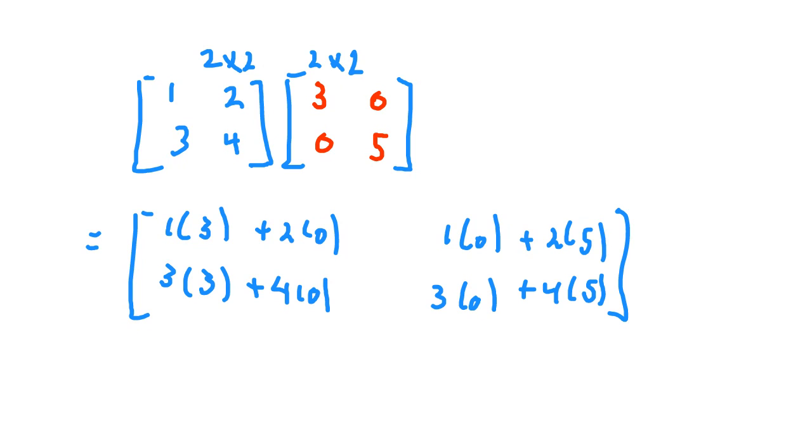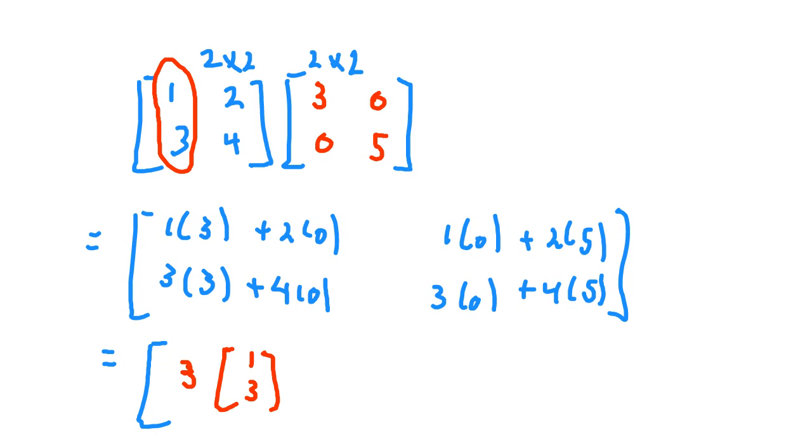Okay, so this here is going to equal, well, I want to say it the right way. It's going to equal this matrix. The first column is going to be 3 times the vector 1, 3.